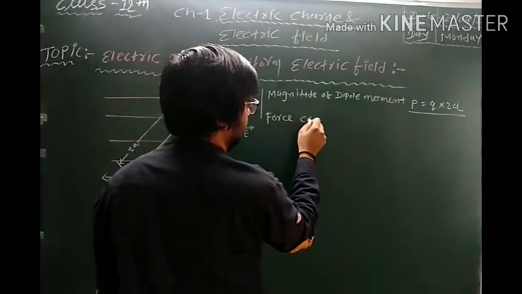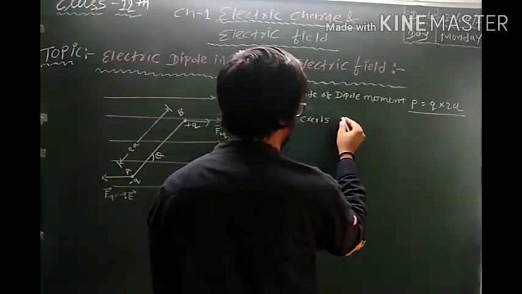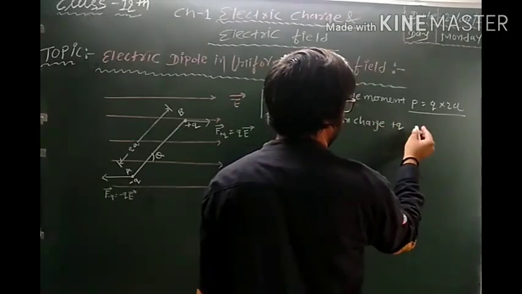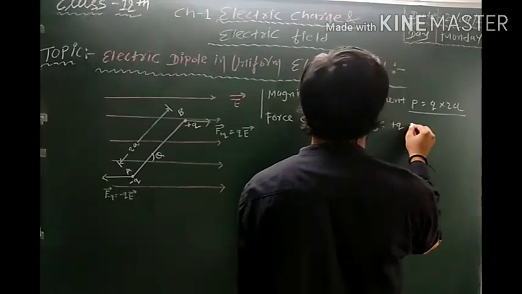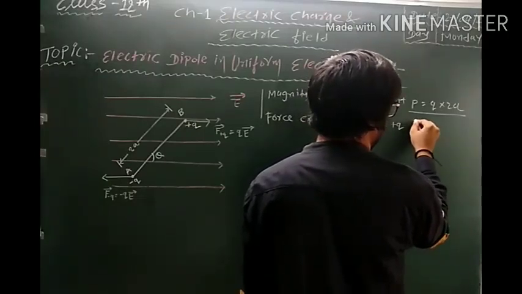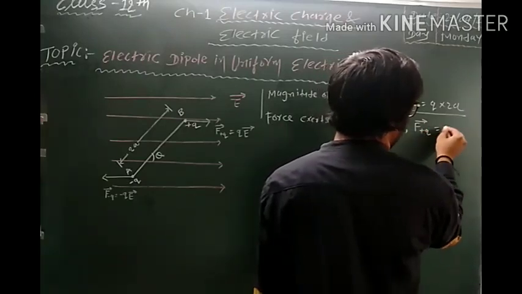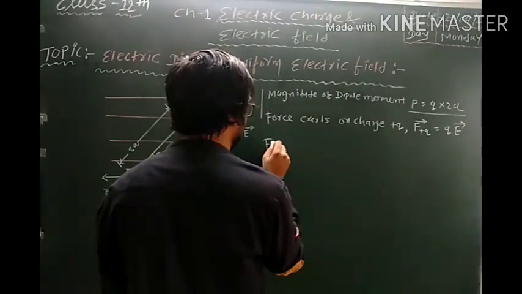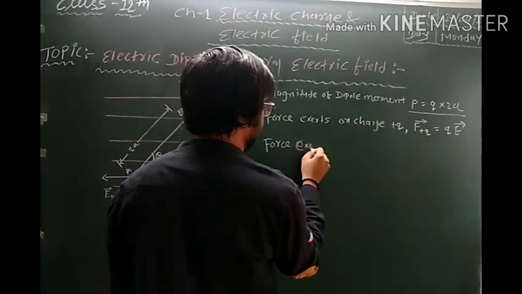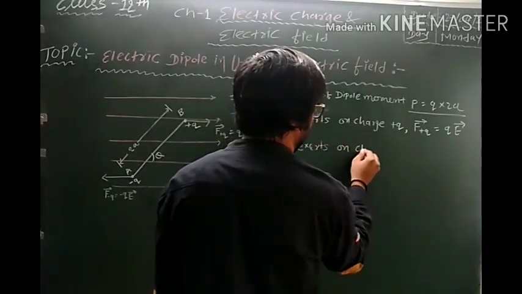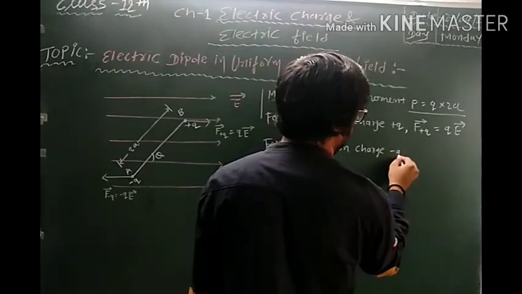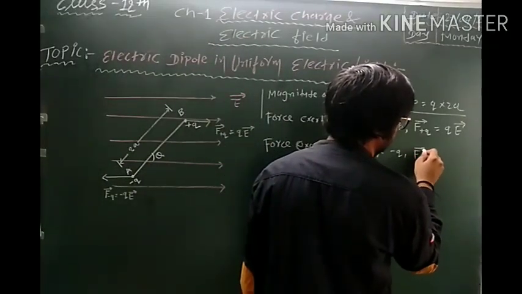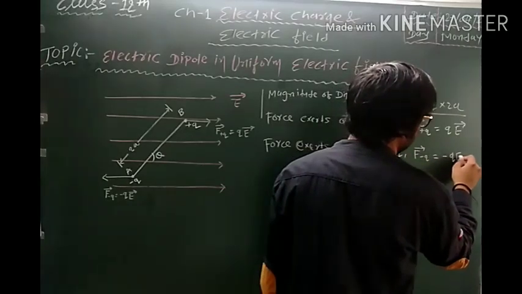The force exerted on charge plus Q due to the electric field is F plus Q is equal to Q times E. Then the force exerted on charge minus Q due to the electric field is F minus Q is equal to minus QE.